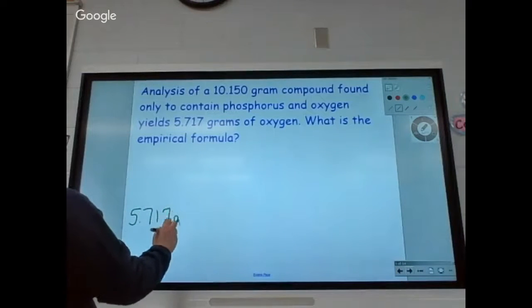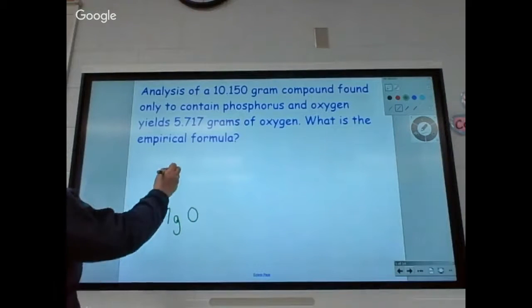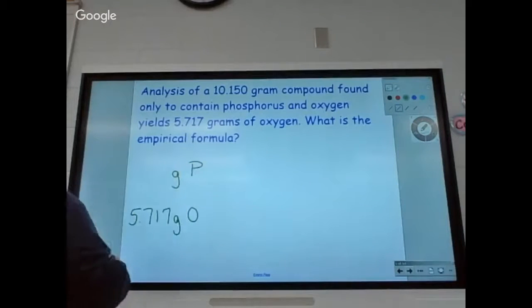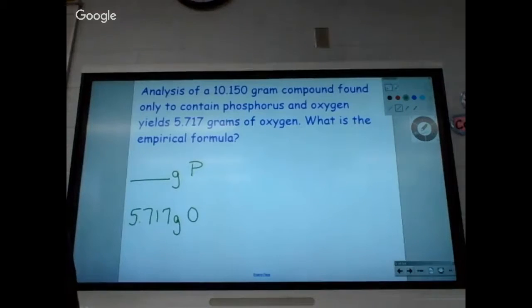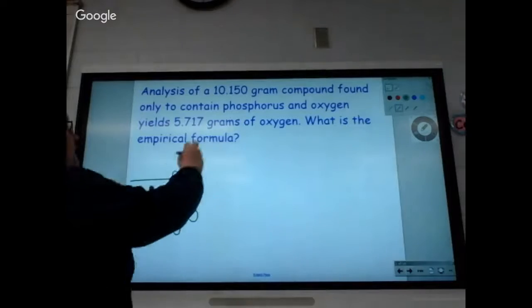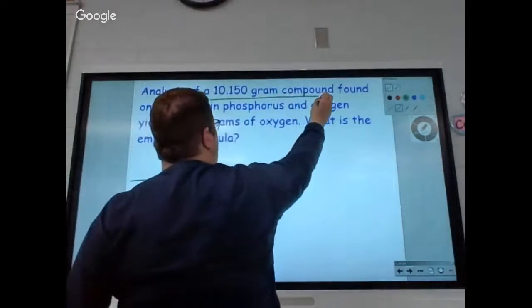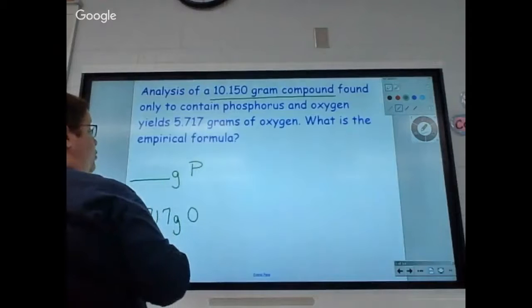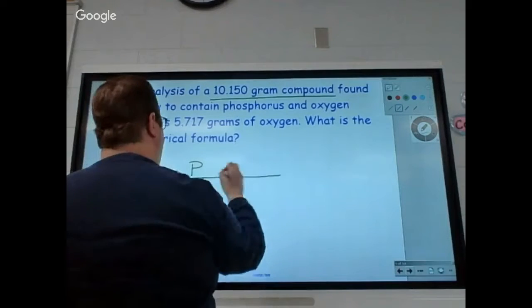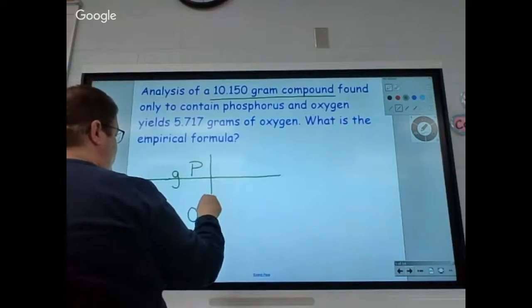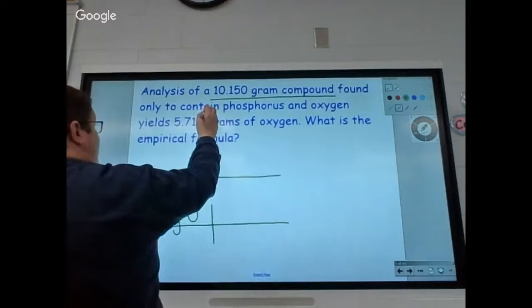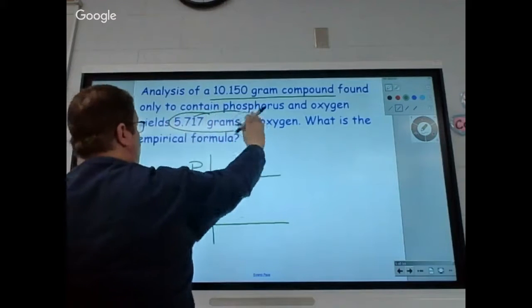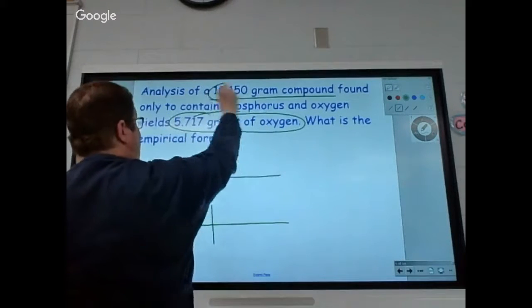I gave you that, but did I give you the grams of P? No, subtract it from 10. There you go. I didn't give you the grams of P. You've got to get the grams of P. This says that this is the compound together, right? You need the grams of P to be able to put in here. So you've got to use this and this to figure it out.